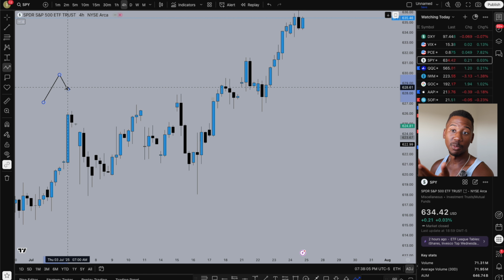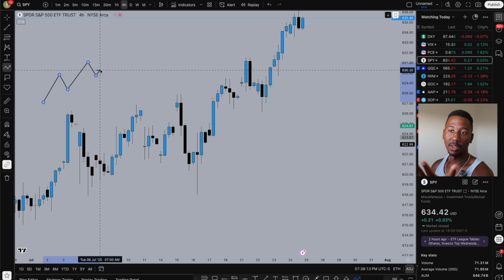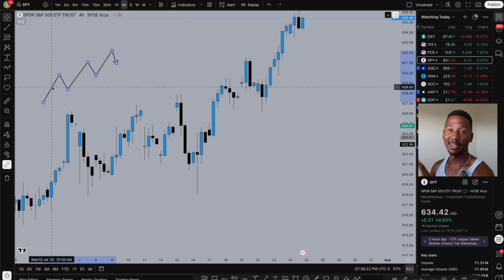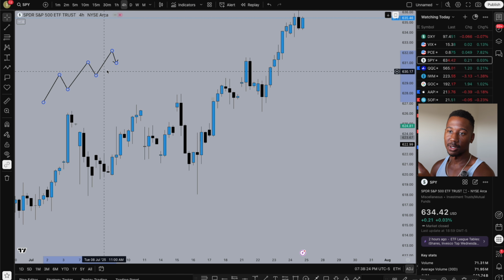So it's still a low, but it's a higher low. Then you come up, you make a higher high, then you pull back, you make a low, and it's a higher low. Then you make a higher high and a higher low. So this right here is an uptrend, and it consists of higher highs and higher lows. We've got our lows down here, we've got our highs up here.